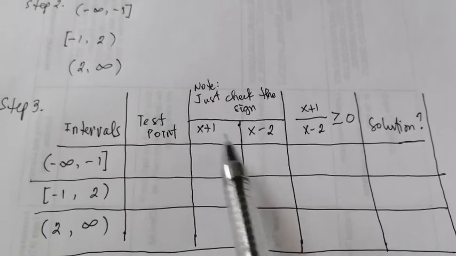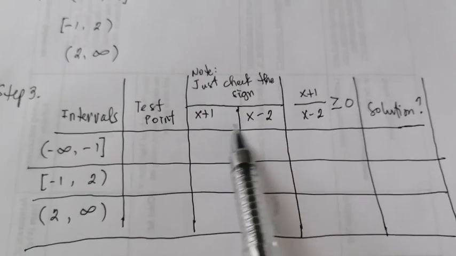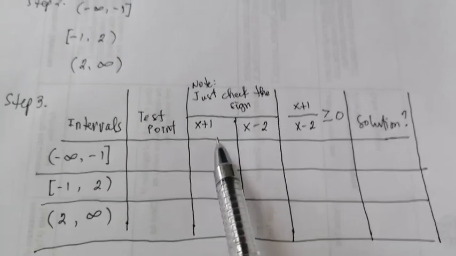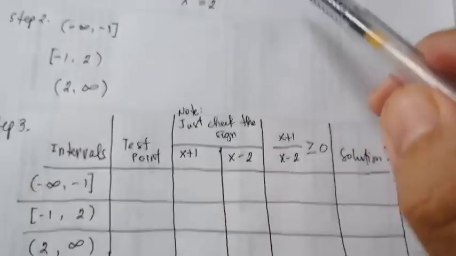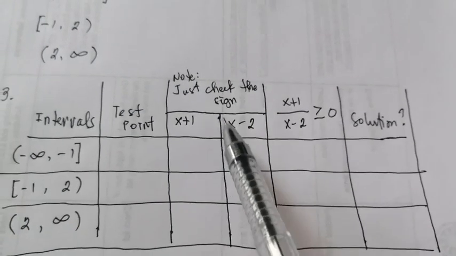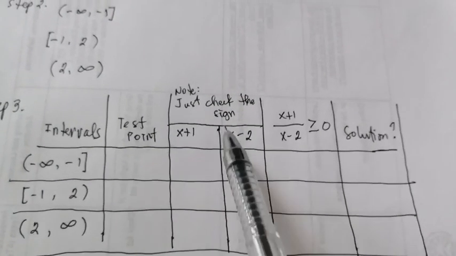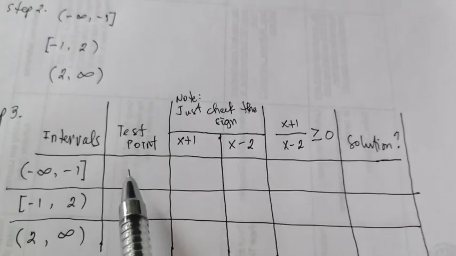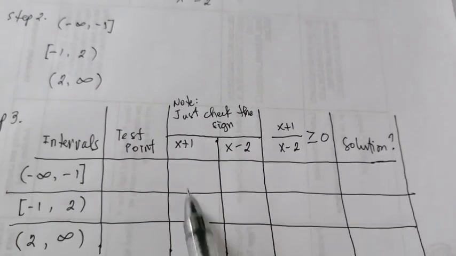Okay? Then, dito, ilalagay natin yung mga factored expressions natin ng rational inequality. So, since dalawa lang naman yung ating factored expression, yung x plus 1 and x minus 2, yan lang yung nakalagay ko dyan. Now, take note that ang gagamitin lang natin ay sign. Kukunin lang natin yung sign, not exactly the value. So, after natin mag-plug in ng test point natin, ilalagay lang natin dito ay sign.